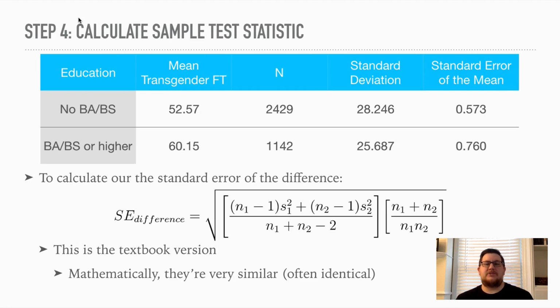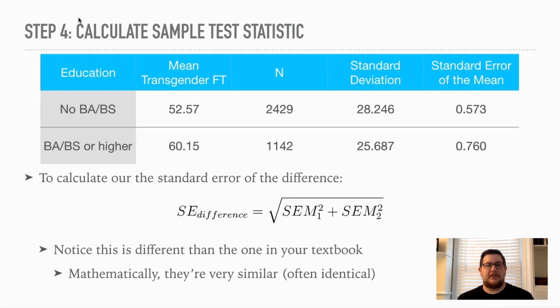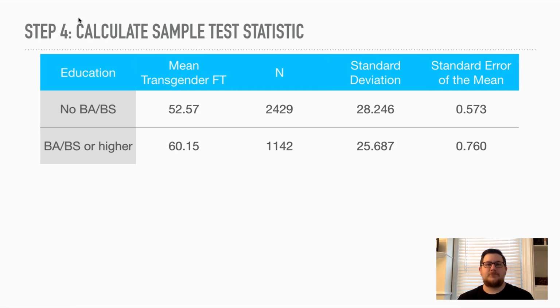Same thing with N2 and S2. Now, mathematically, they're very similar, often identical. And we'll talk a little bit about those differences in a moment. But we're going to work with this one. This is going to be the one I'm going to ask you to use from here on out, mainly because it's considerably simpler, and in most cases, they're the same thing, or functionally the same thing, at least.